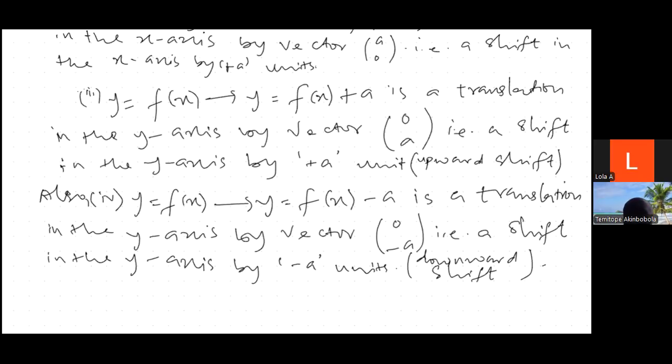All right. So let's now look at combined translation.